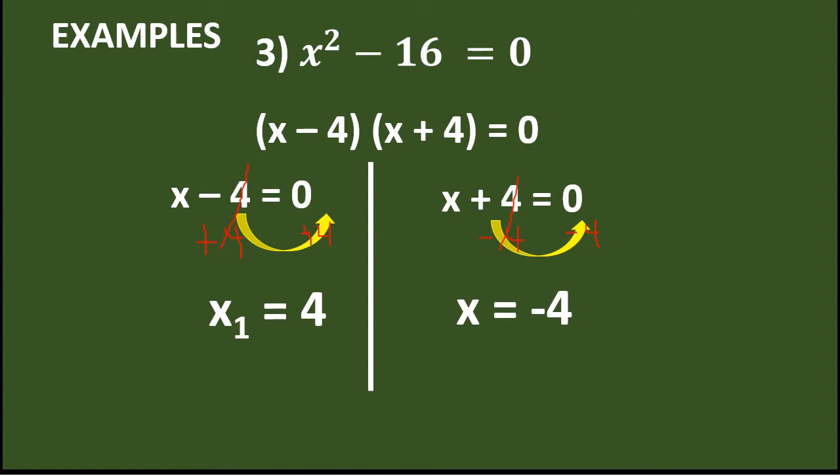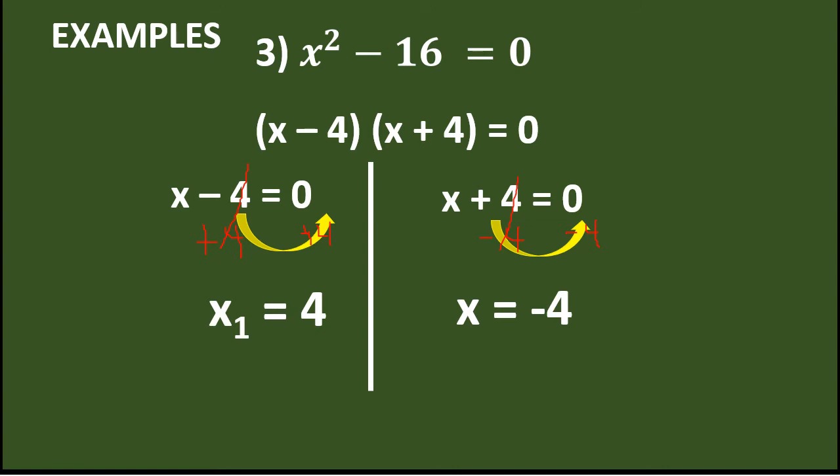So why do we have arrows here? In other examples or in other books, they are using the transposition method. So all you have to do is transpose negative 4 to the other side of the equation and use the inverse sign.